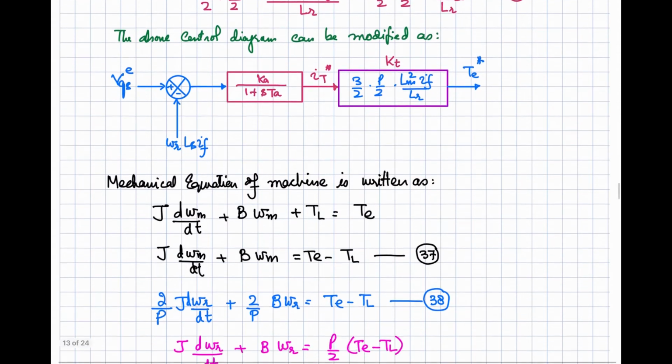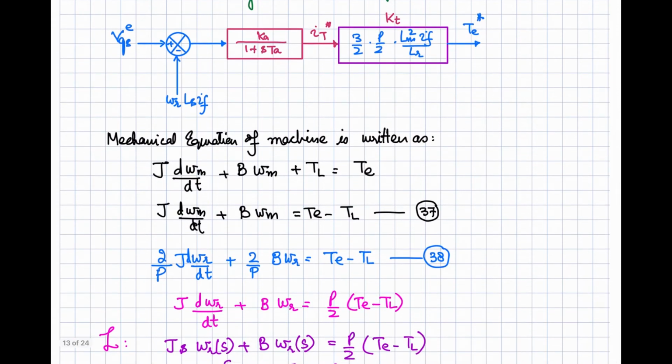Now let's look at the relationship between the electromagnetic torque Te, the mechanical torque and the load torque of your machine. This is the mechanical equation of your induction motor: J into d omega m by dt plus B into omega m plus the load torque should be equal to the torque that is developed by your machine.